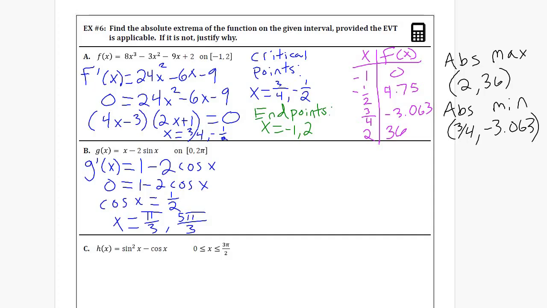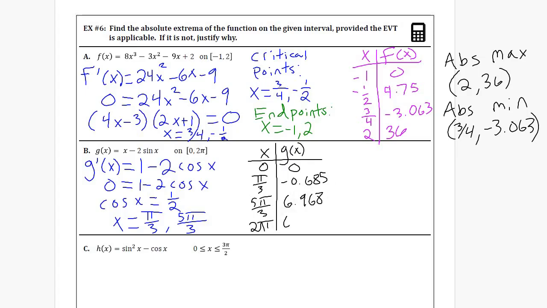Now my function this time is g of x, so I'm going to go ahead and label. We have 0, pi over 3, 5 pi over 3, and 2 pi. Again, I have to include both my critical points and my endpoints. Again, it is calculator active, so just plugging into our calculator to fill out our table.